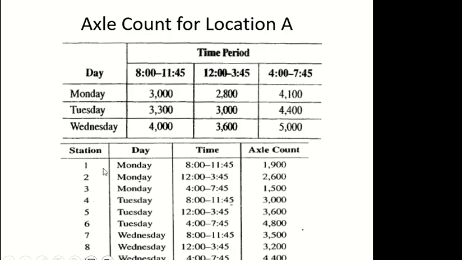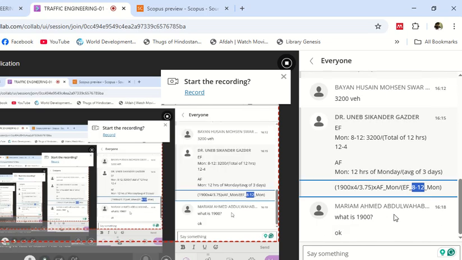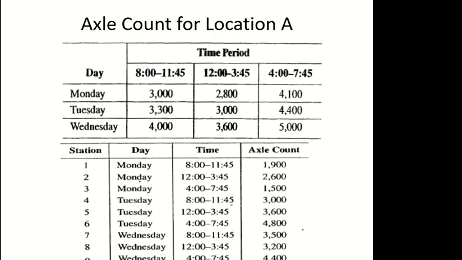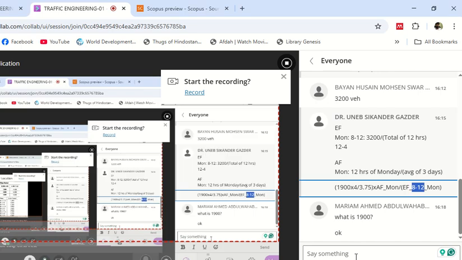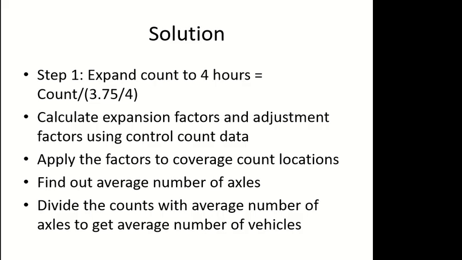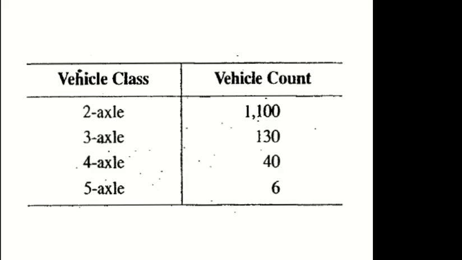So I'm converting the value of location 1 into a 12-hour average count. For doing this, I will do this whole thing. These are axle counts. Whatever number you get here after doing all this will be an average 12-hour axle count. Then I need to convert this 12-hour axle count into vehicle count.